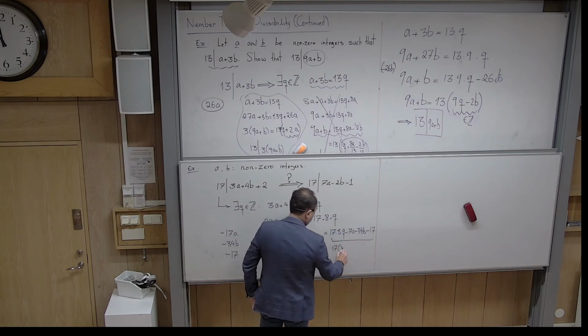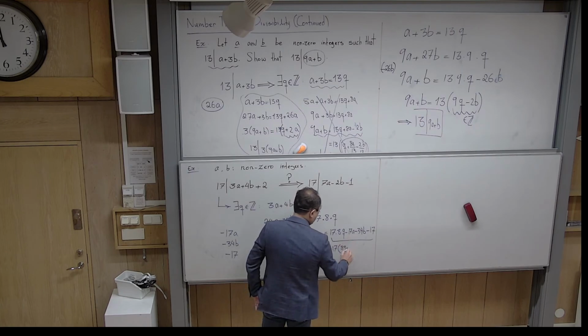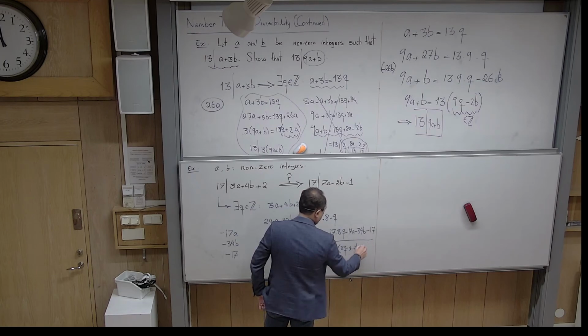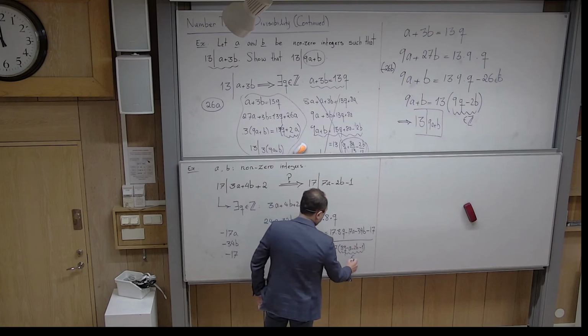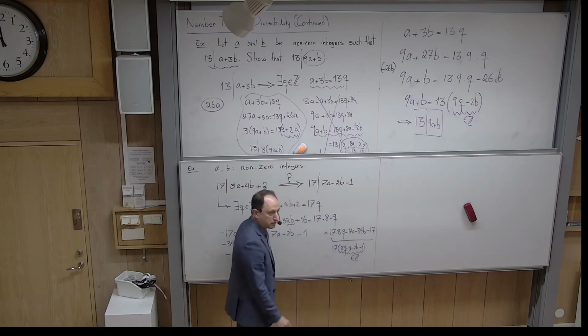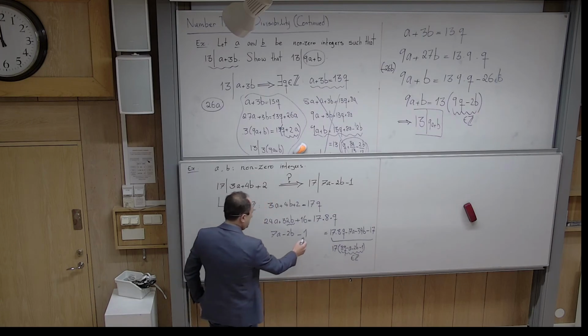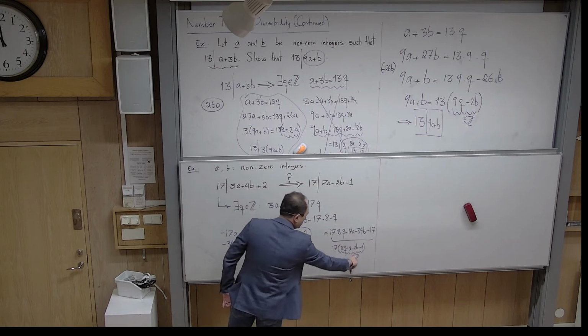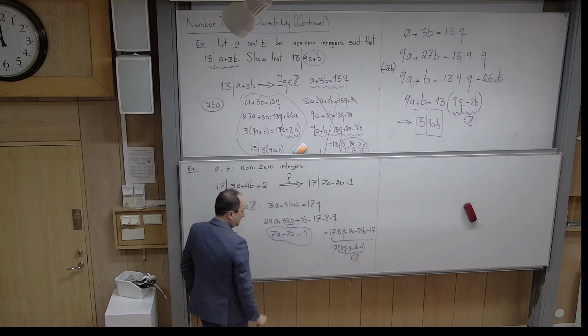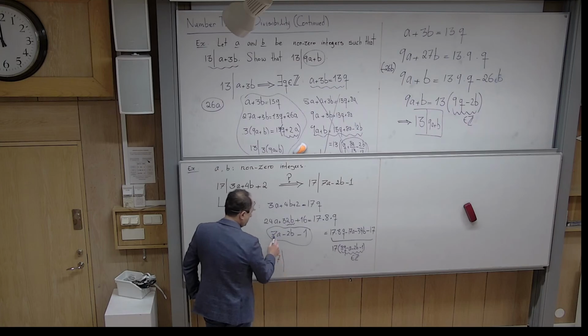This becomes 8q, this becomes minus a, this becomes minus 2b, this becomes minus 1. The good point is that I don't care how complicated it is. I just care if it is an integer or not, which in this case is guaranteed to be an integer. So this number is an integer multiple of 17, and therefore 17 also divides this number.